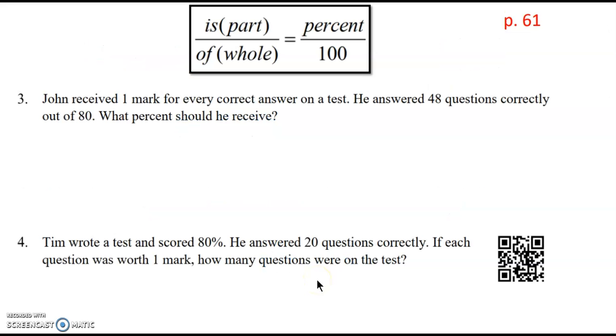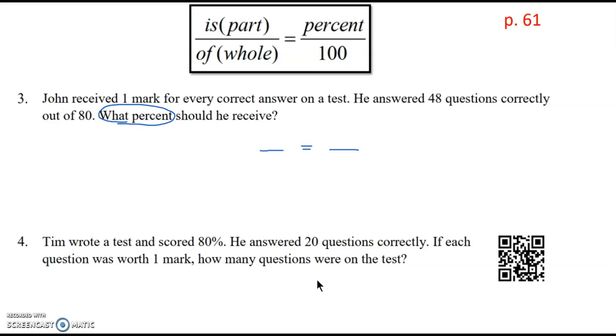Number 3, John received 1 mark for every correct answer on a test. He answered 48 questions correctly out of 80. What percent should he receive? So this one, because it's really common to our life right now, being in school, this one should be easy to set up. If we look at the question, it's asking us what percent should he receive, so we don't know the percentage.